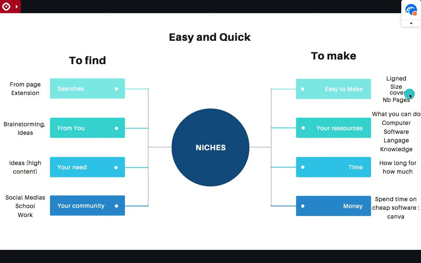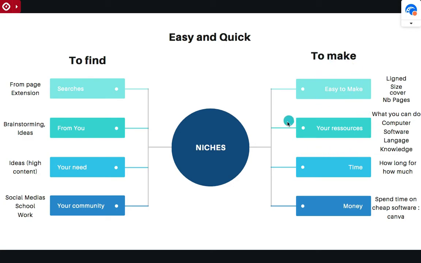You create one cover, with the same number of pages. For instance, a line notebook on Book Bolt, as I showed in my previous videos, 6x9 cover and 120 pages. Then you copy and paste for your different notebooks, so you can publish quicker. And the interior is always the same.